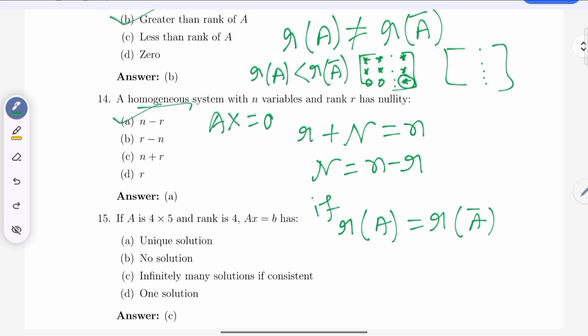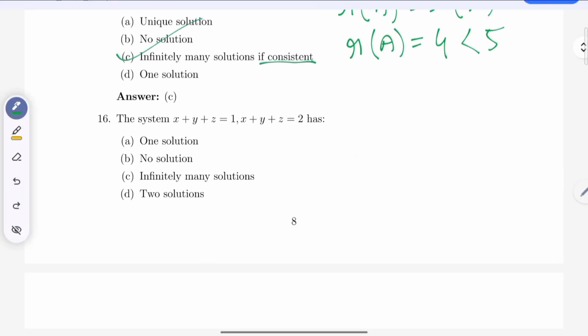If this happens, then we can say that the system is consistent and solution exists. And since rank of A equal to 4, which is less than number of columns, that is 5, then we can say that infinitely many solutions if consistent. So option C is correct.